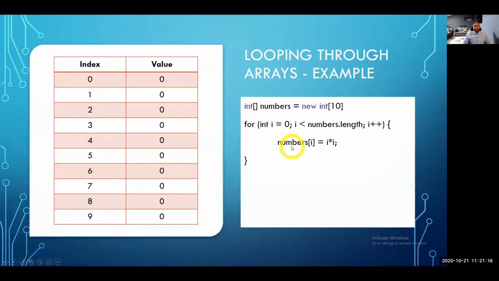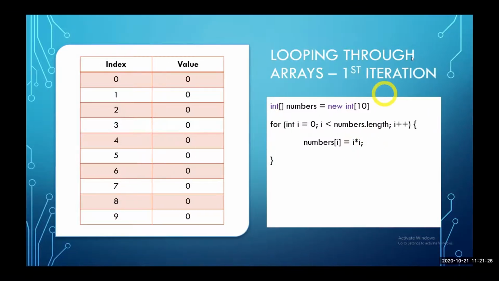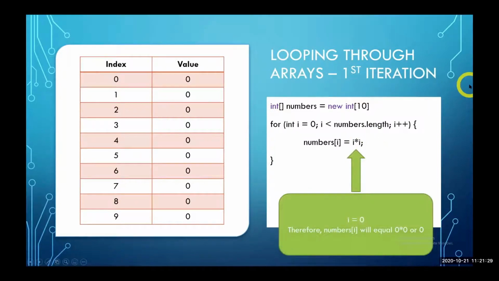And inside this loop, I'm setting numbers at index i equal to i times i. In our first iteration, i currently equals 0. Therefore, numbers at i, or numbers at 0, will equal 0 times 0, or if we do that equation, it equals 0.